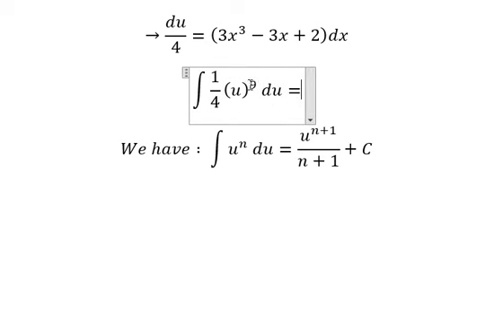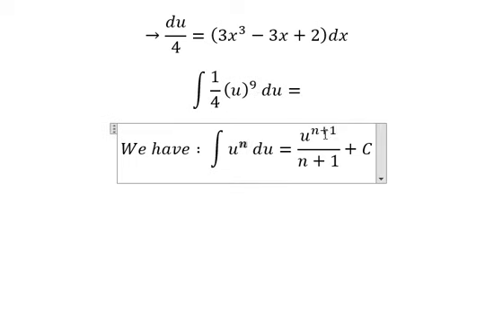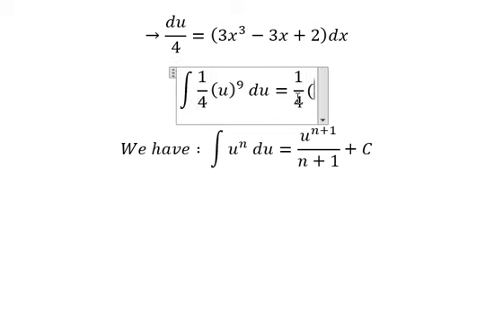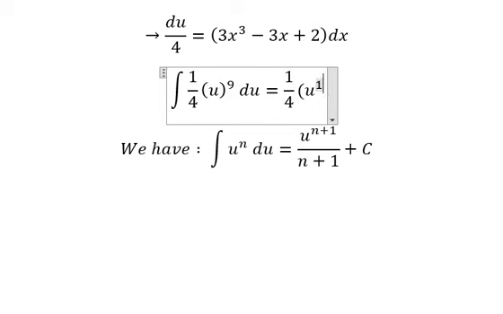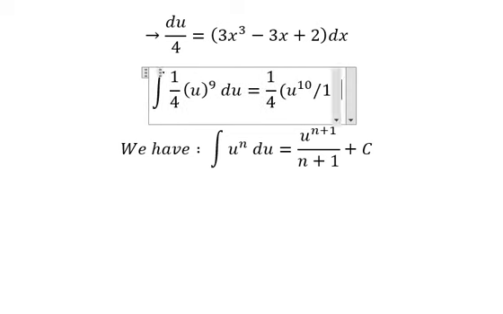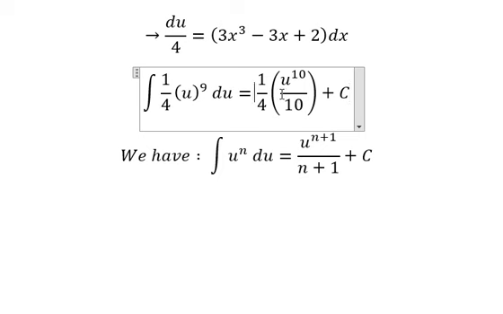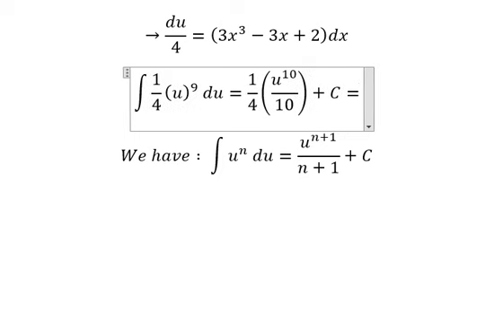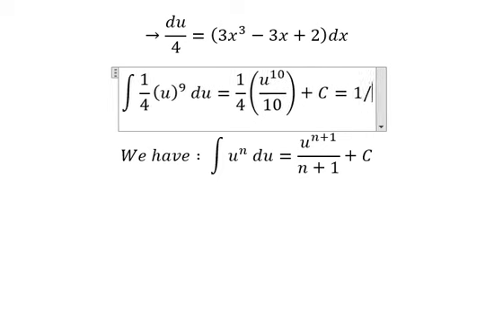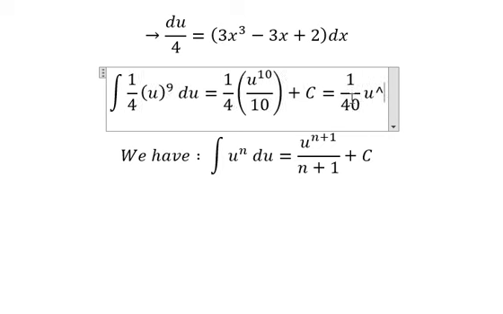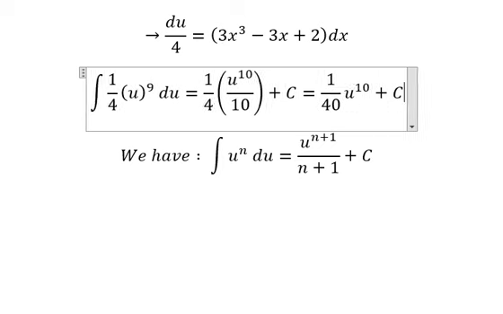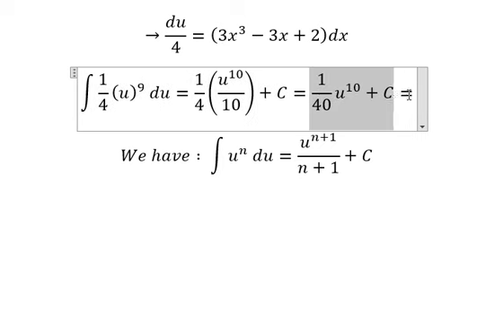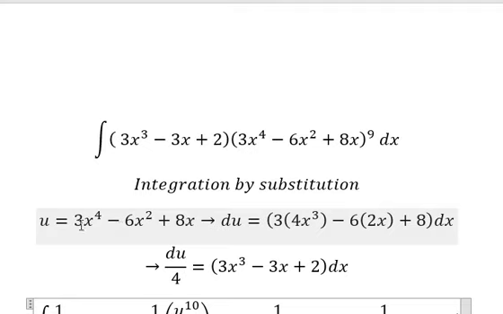So I will put number 9 go in here. So 9 plus 1 we have number 10. So this one we have 1 over 40. About u, that is about this one.